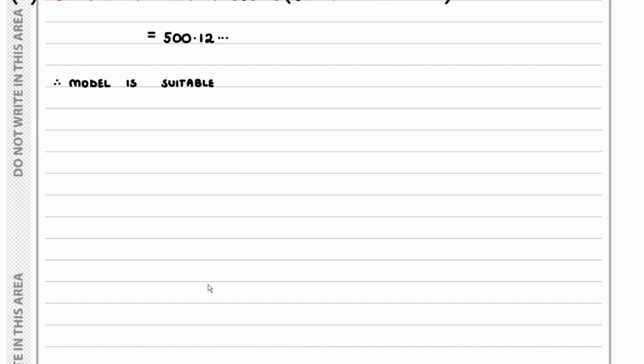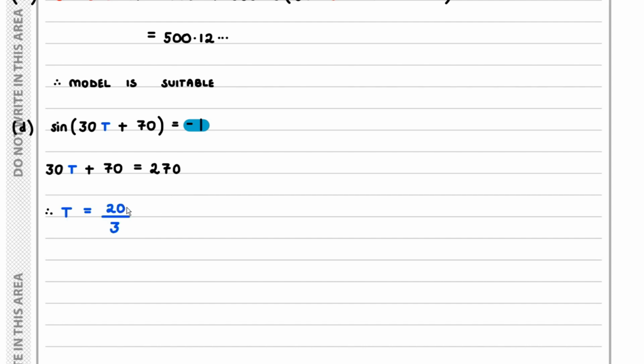Well, in this case, we'd have sine of (30t plus 70) equaling -1. And therefore, if we take the inverse sine of both sides, we would have 30t plus 70 equals 270, meaning t equals 20 over 3. This will give us the minimum.